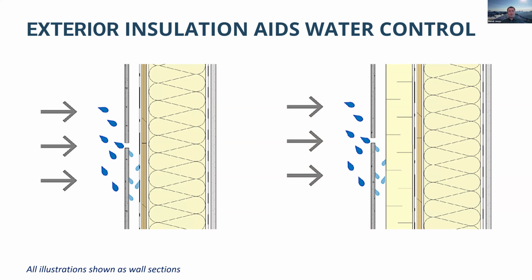There's actually very little water that ever touches the WRB. So it's adding that extra layer of protection. You still need the WRB there because there still will be some water that makes it through the insulation at joints and around details and things like that. But it really protects everything from that moisture. So this is another big benefit of that extra layer: not just the thermal performance, but the added water control.